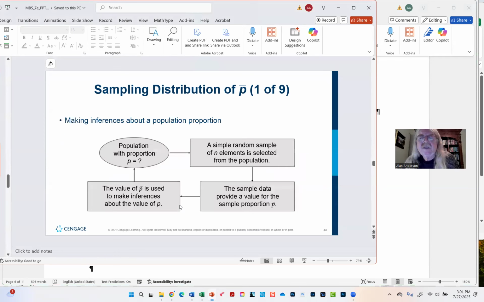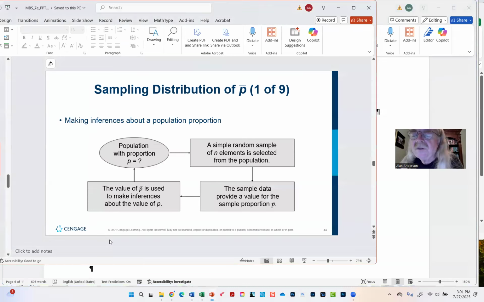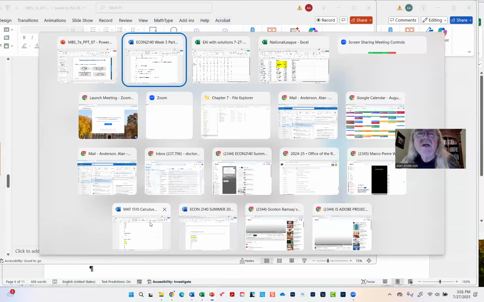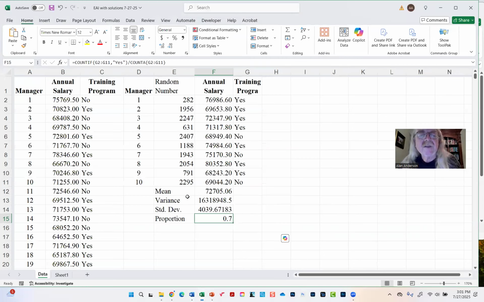I'm not sure how clear that example is. Let's try something else. Using the data from EAI, suppose that a random sample. Oh, by the way, in order to do this, I just remembered, we do need the population data. So I'm going to come over here and take care of that right now.